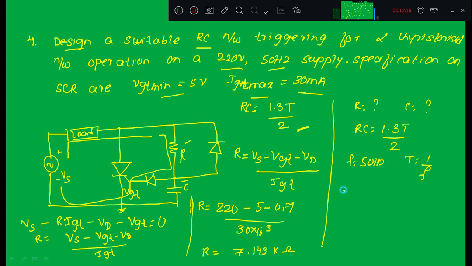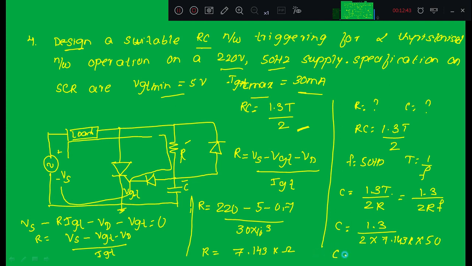Then C is given by the formula 1.3T divided by 2R, or 1.3 divided by 2RF. So C becomes 1.3 divided by 2 into R, which we have got as 7.143 kilo, into F is 50.